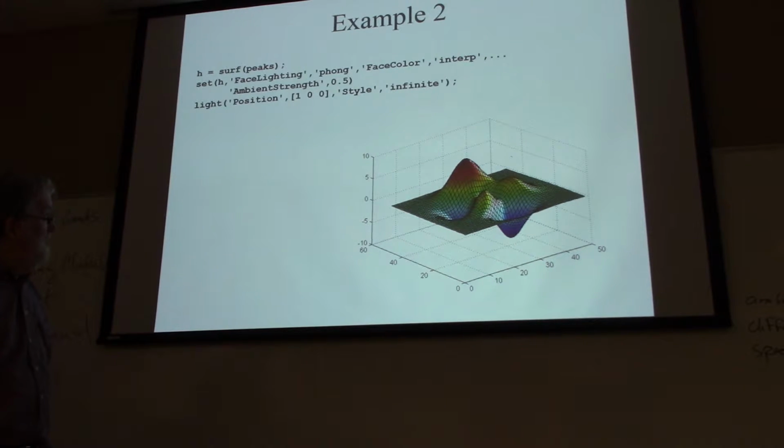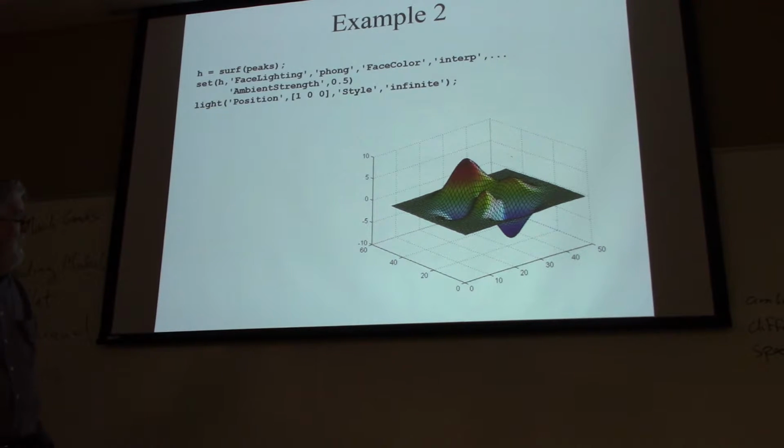The ambient strength is 0.5. And this model, I can see the other terms. This doesn't quite look like an ambient model to me, but go figure.